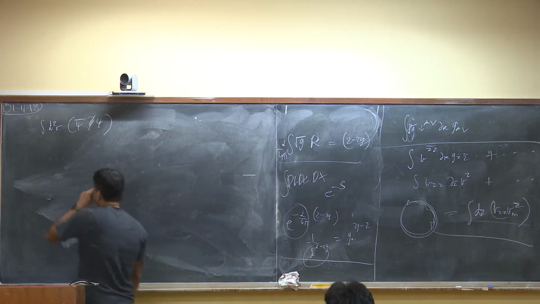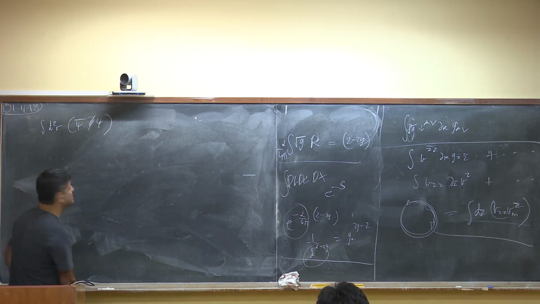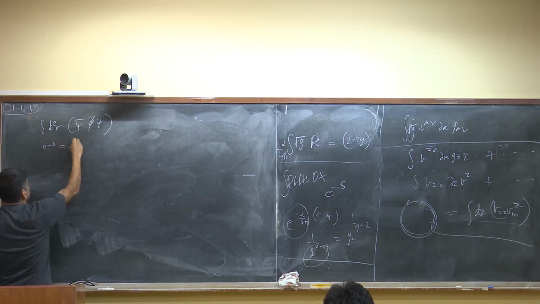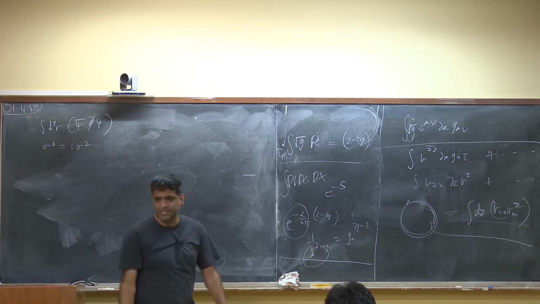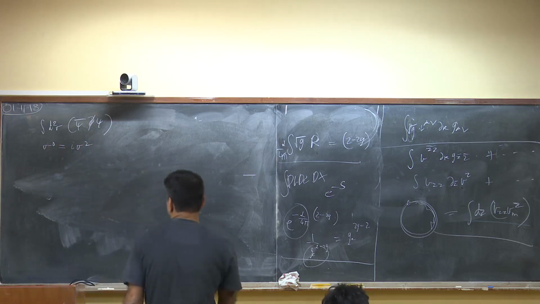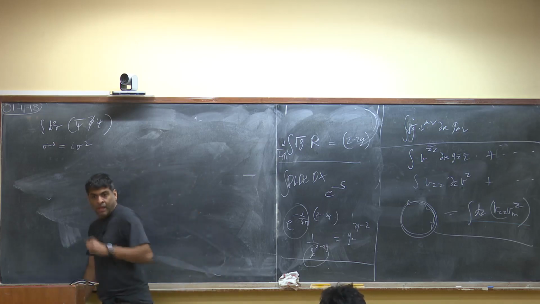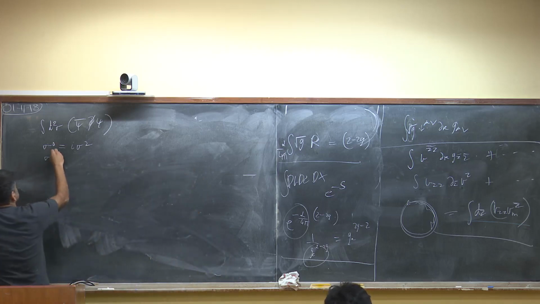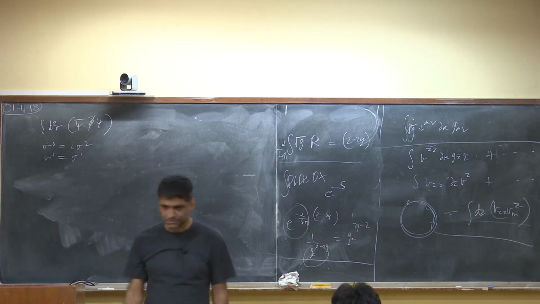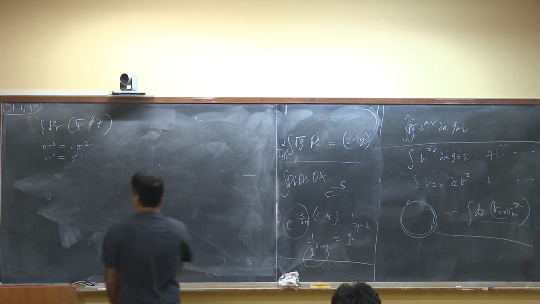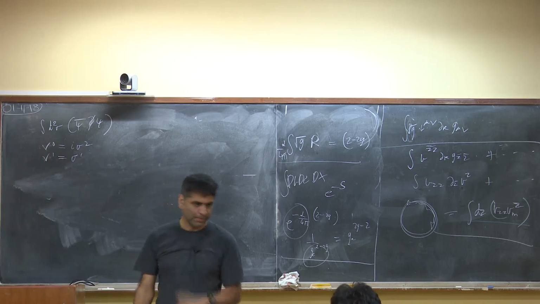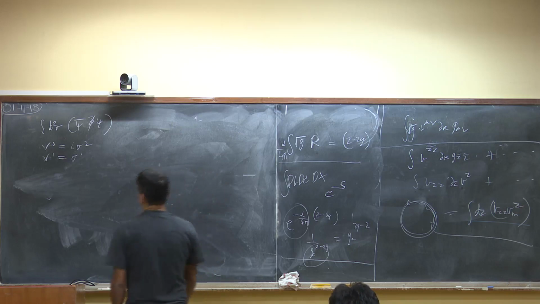It's useful to use a particular choice of gamma matrices: gamma 0 is i sigma 2, so that our gamma matrices will be completely real, because sigma 2 is the only imaginary sigma matrix, and gamma 1 is sigma 1. Okay, and then with this we just write this out.